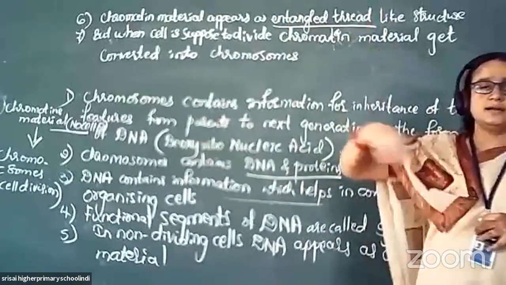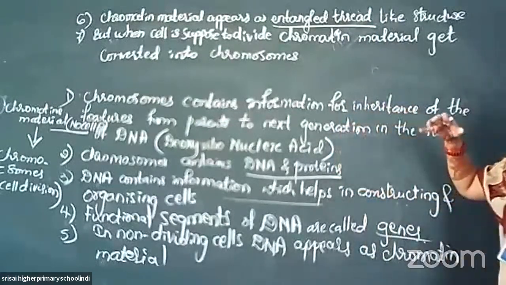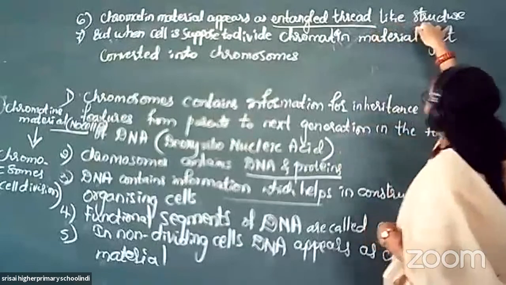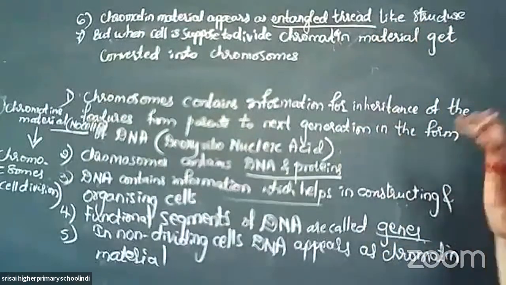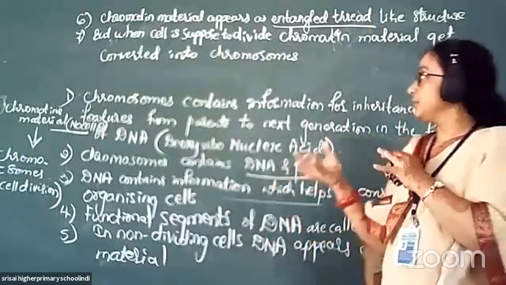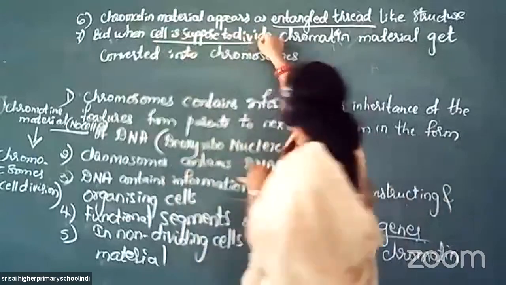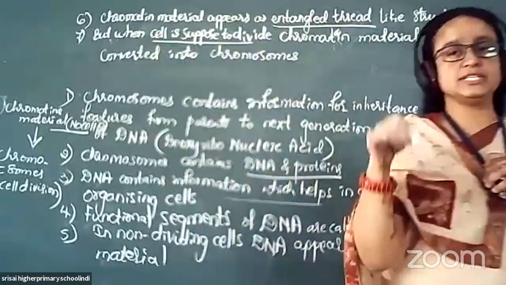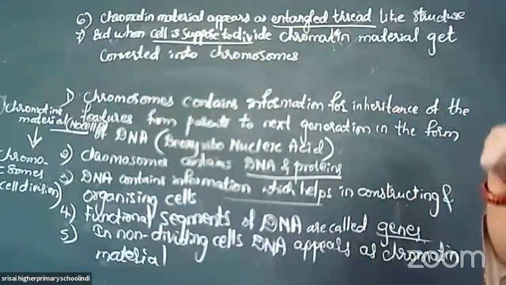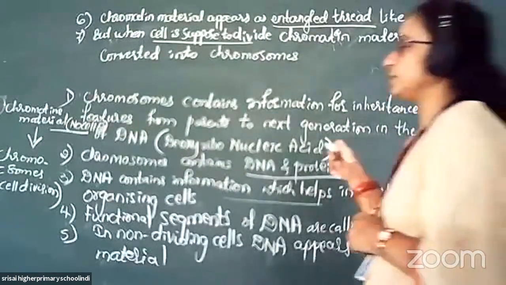Entangled thread-like structures. Okay. When do these entangled thread-like structures change into rod-shaped? When reproduction is going to occur, when the cell is supposed to divide. Very good. So is it clear about the functions of the chromosomes?